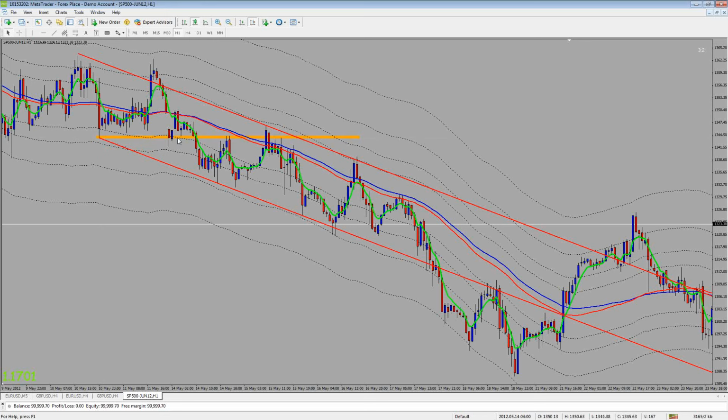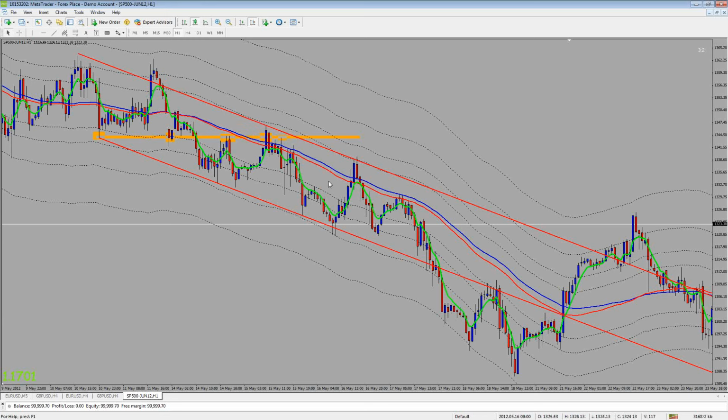It was support, and then the price broke the support line and this support line turned into a resistance line, around here and a little bit around here too. Again, it's a false breakout. You can see here too.